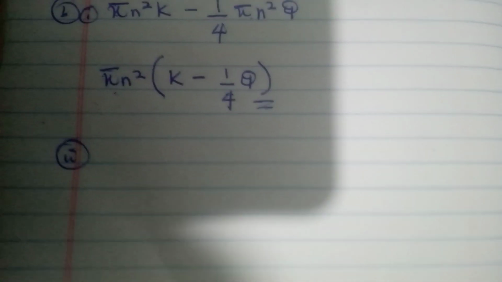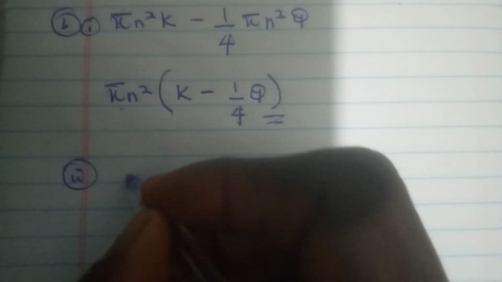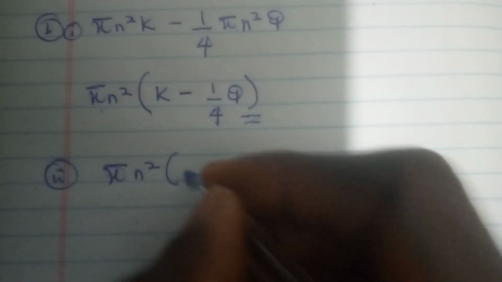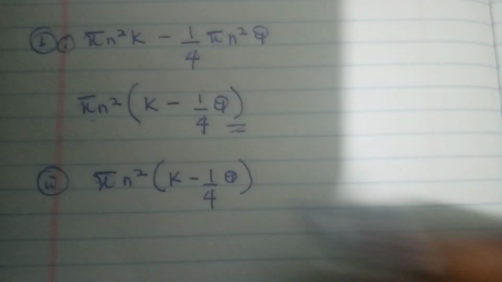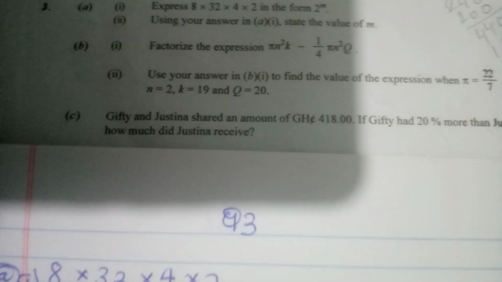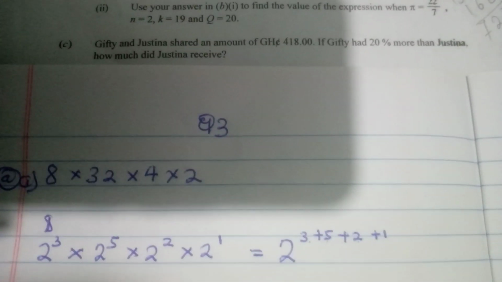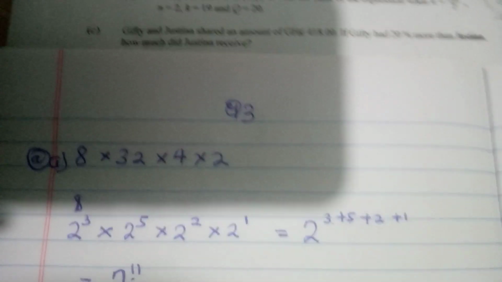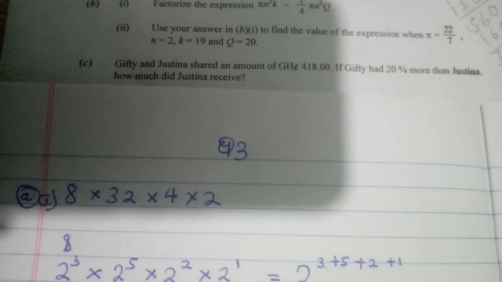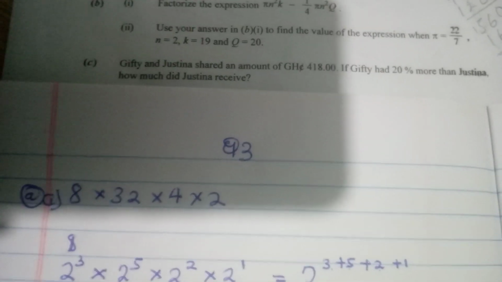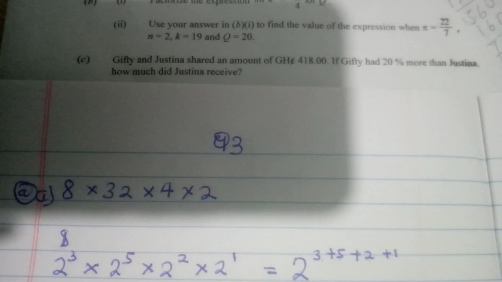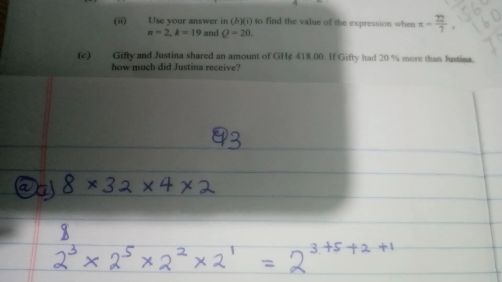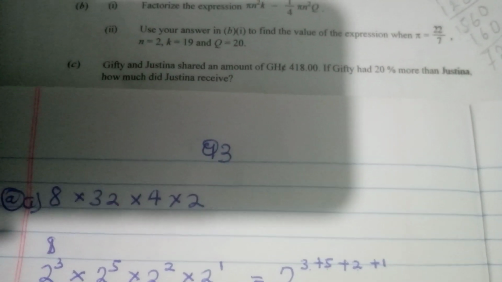After factorizing, we had the expression pi n squared bracket of k minus 1 over 4q. And you have been given the condition that pi is equal to 22 over 7, n is equal to 2, k is equal to 19, and q is equal to 20.